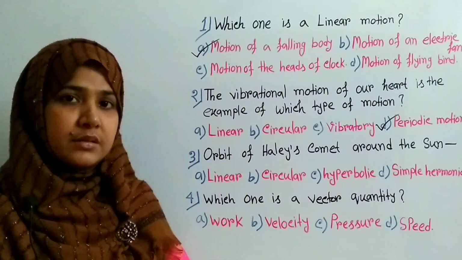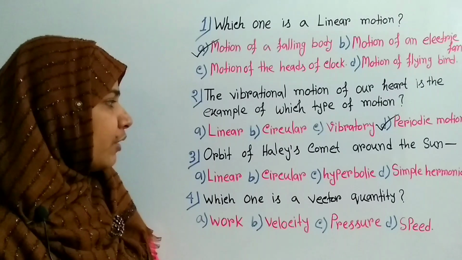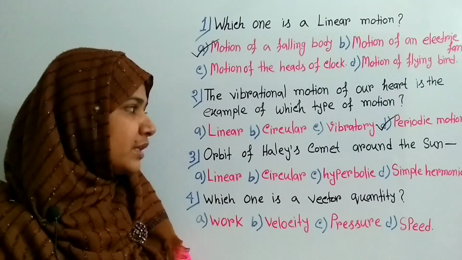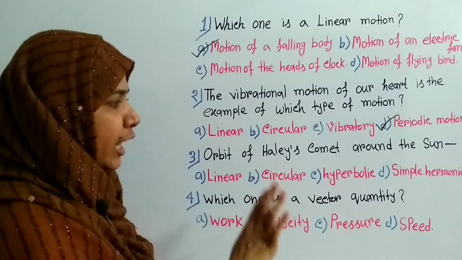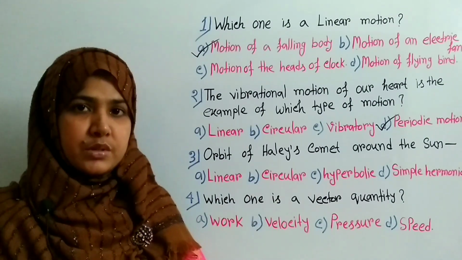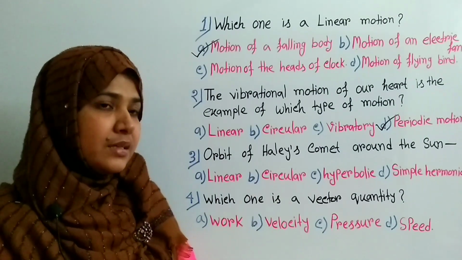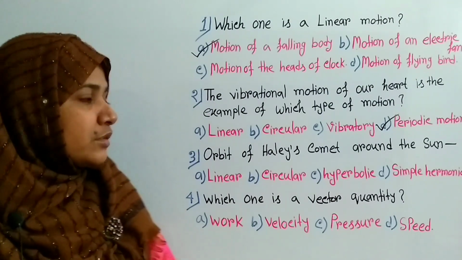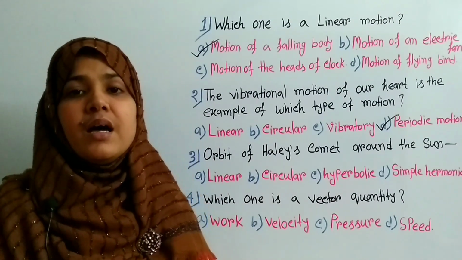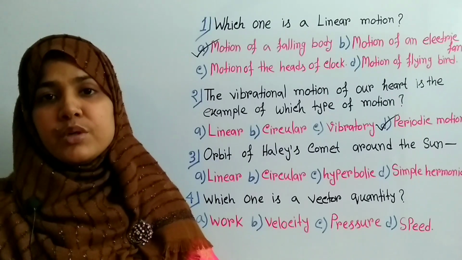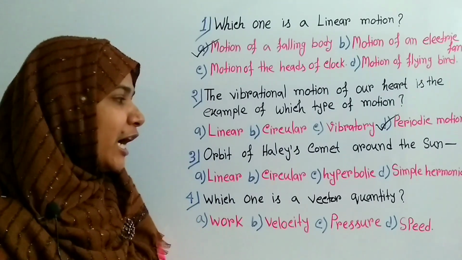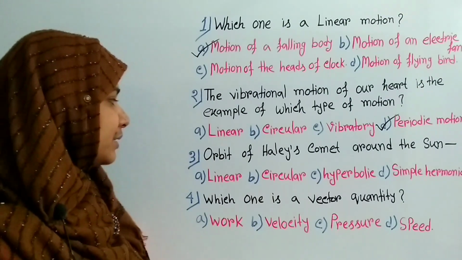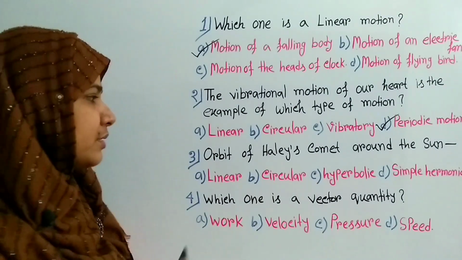Now third one, orbit of Halley's comet around the sun: linear, circular, hyperbolic or simple harmonic motion. You know that the orbit of Halley's comet around the sun is a periodic motion and the path of that motion is hyperbolic. So we can say that the answer of question 3 is hyperbolic.